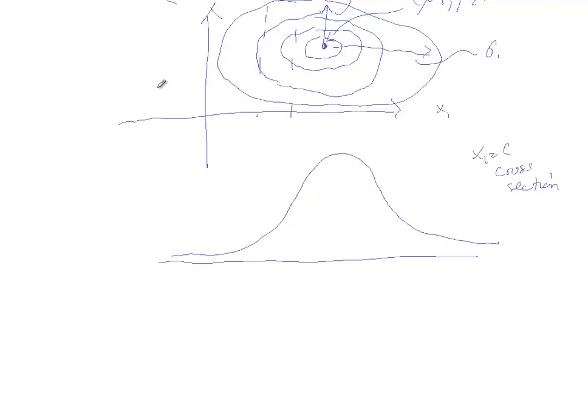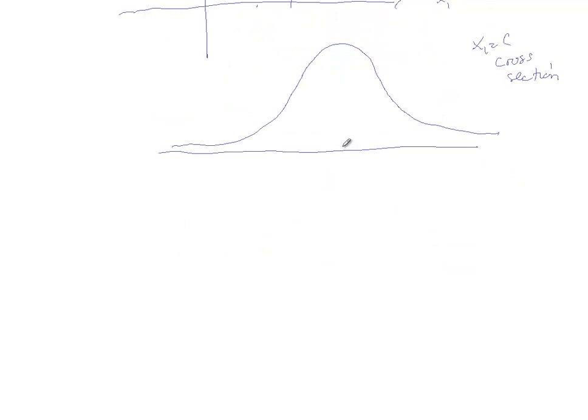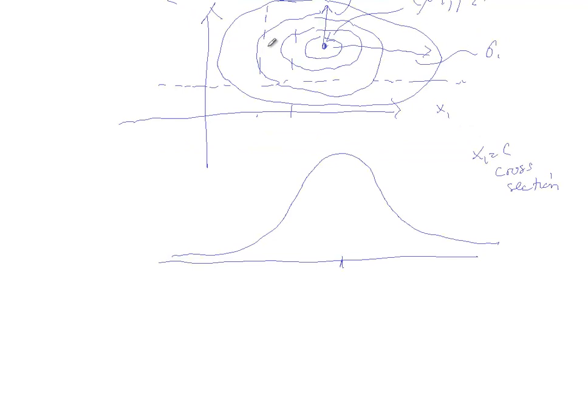Now suppose I take a cross-section in the other direction, that would be taking a cross-section this way. And this maximum point would be along this line, where this dimension is actually x2, and this is where x2 is equal to mu 2. So this is similar to a Gaussian distribution, and this half width here would be sigma 2.